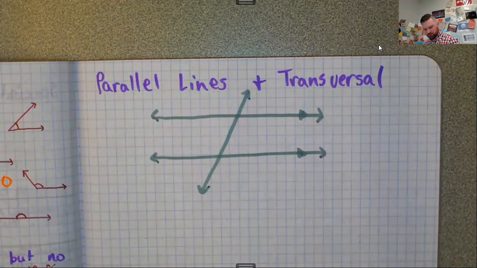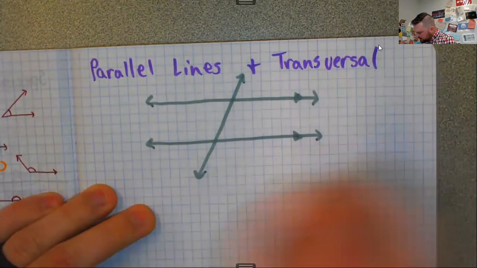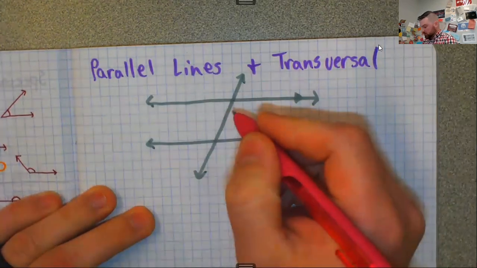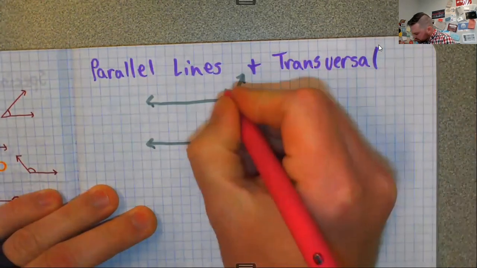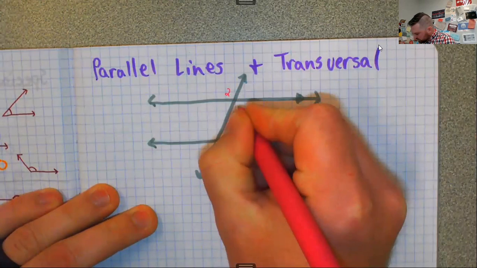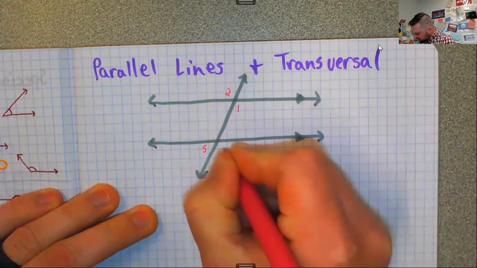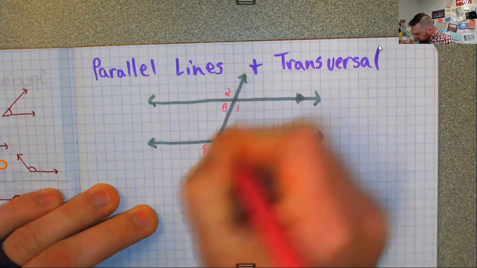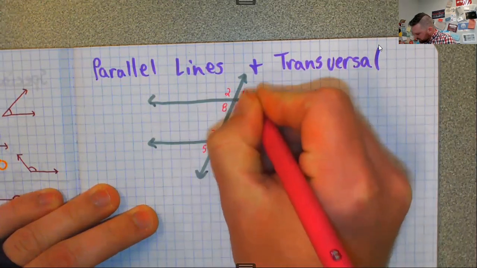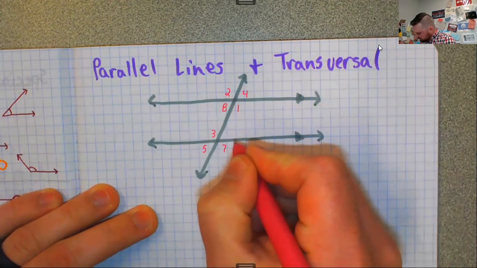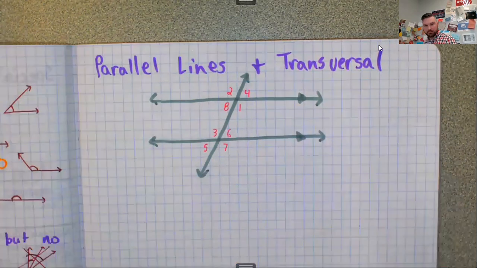So let's put some numbers here. Again, the order doesn't matter, so we'll just use the numbers 1 through 8 at random. So let's say 2, 1, 5, 7, 8, 3, 4, and 6.